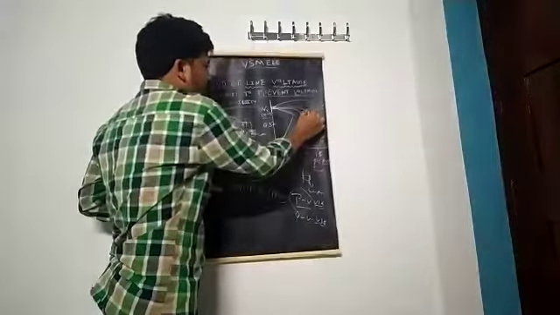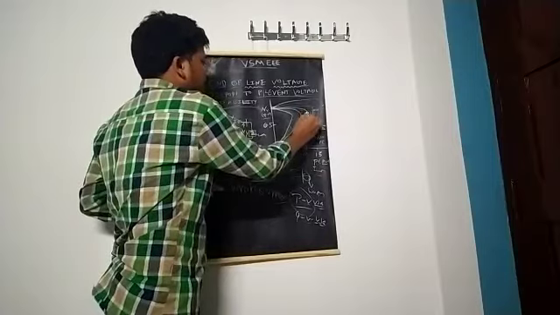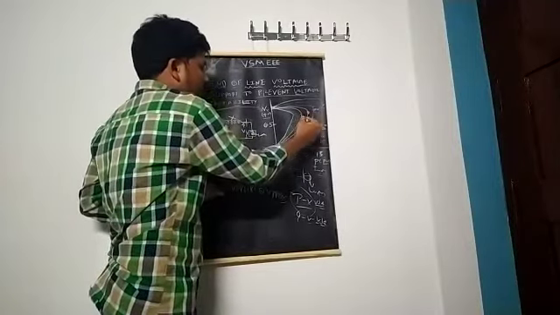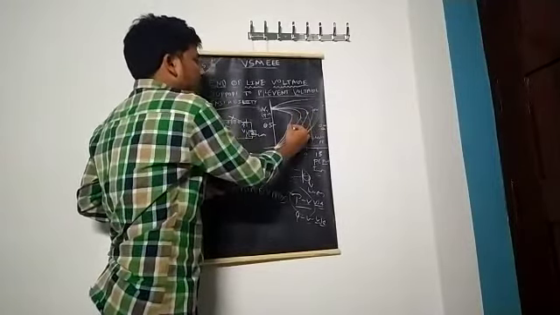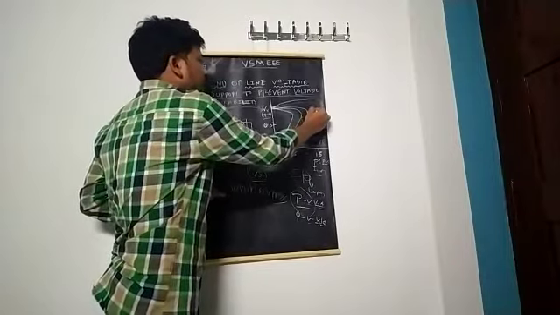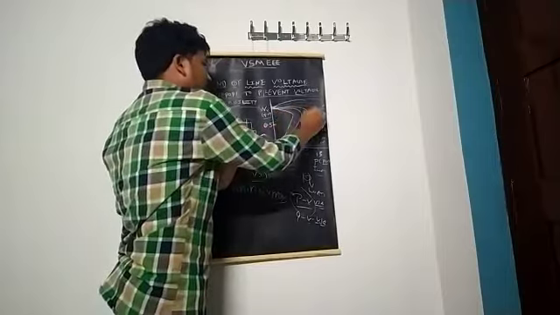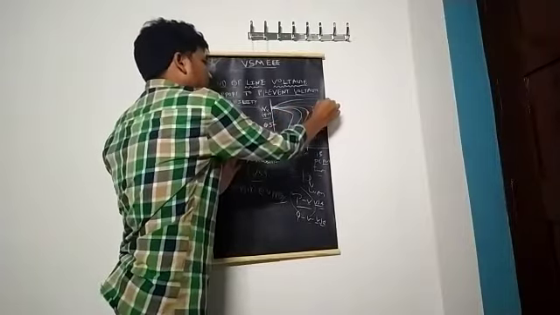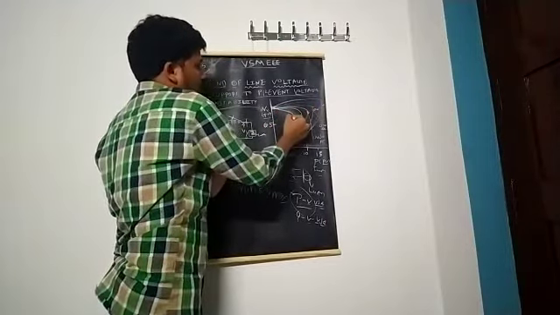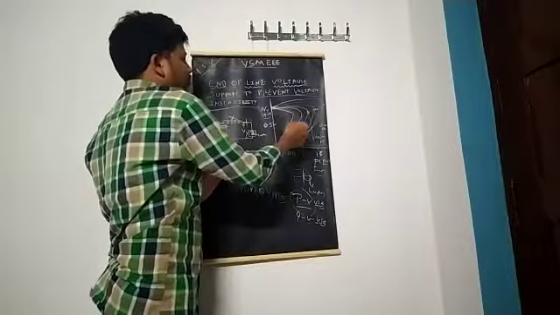That means this is the unity power factor reference. Moving towards unity from the lagging side, the value increases.